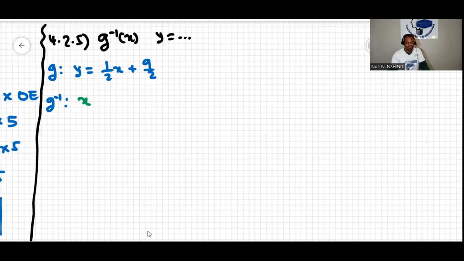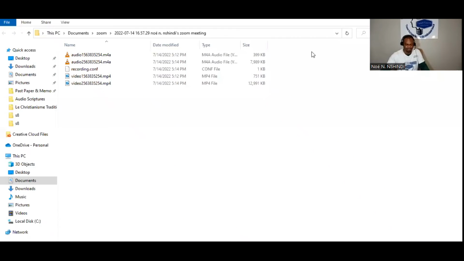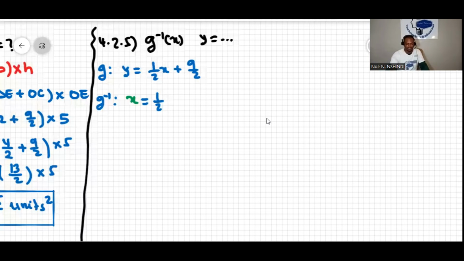So x equals half y plus 9/2. Let's just reverse the order. It's going to be a half y plus 9/2 equals x.